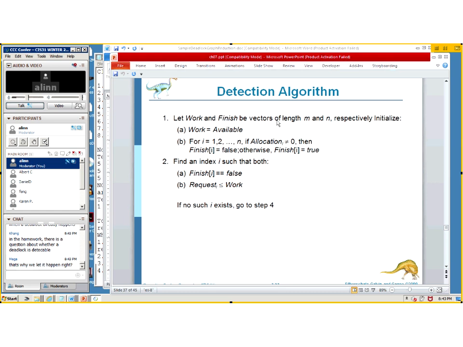Right, that's why we let it happen, but how do we know we have a deadlock when we run the algorithm? No, that's not the question I want to ask. The question I want to ask is, what triggers me to run the algorithm? Now you're getting closer, Steve. You're getting closer to the concept.